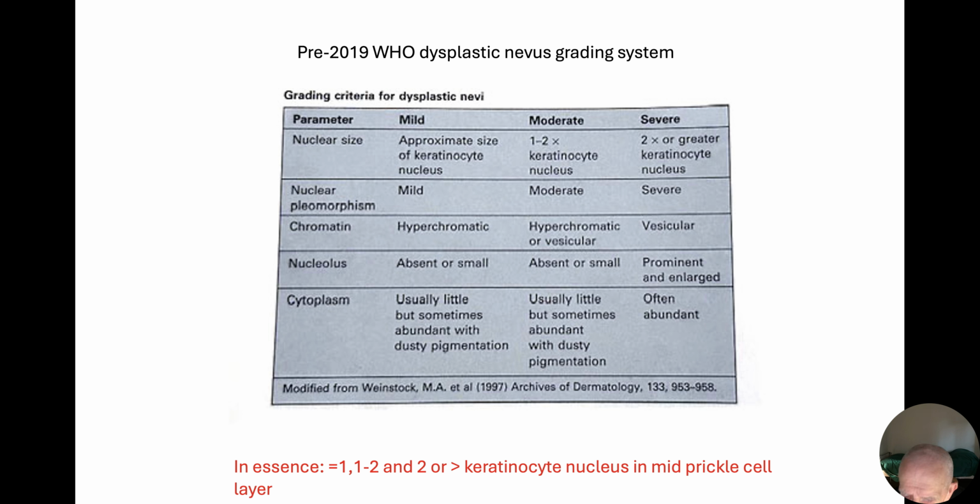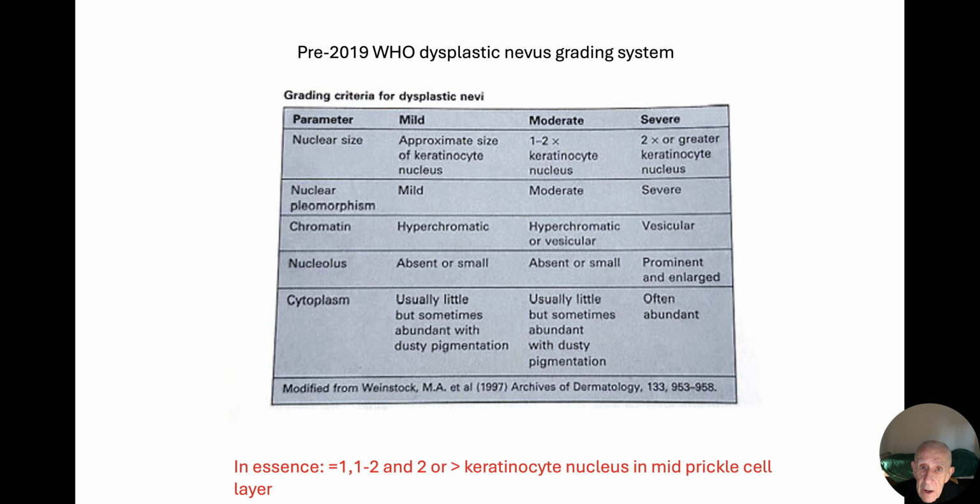Although I have a feeling that this was a continuation of the American War of Independence. So if America decided we ought to grade dysplastic nevi, the British decided, oh no, we can't do that. But those days, fortunately, are long since past.